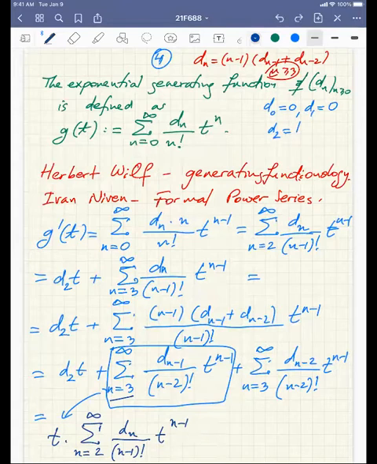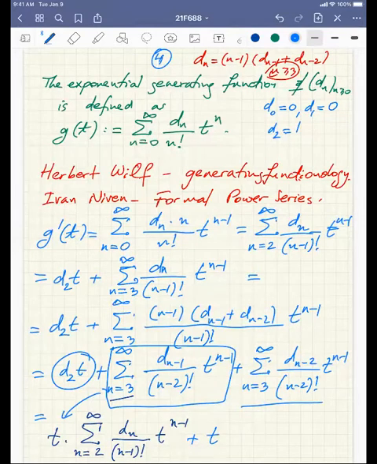And now the other part that is left is going to be d_2 t plus summation from n equals 3 to infinity. The d_2 t from here, I'm going to combine with this sum.